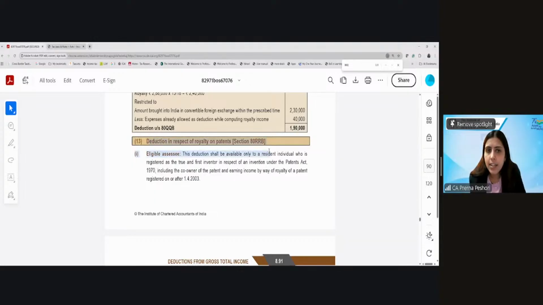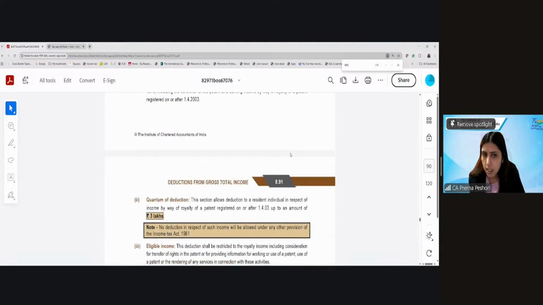Okay. Yes. Then is deduction in respect of royalty on patents. The 80QQB is royalty on authorship. 80RRB is royalty on patents. Again, this is available only to a resident individual who is registered as the inventor and has registered his invention under the Patent Act.